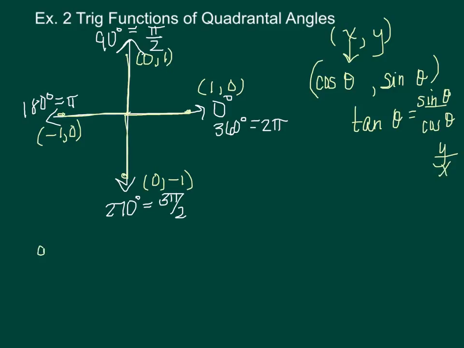So if they ask you to find tangent theta, remember tangent is the y over the x, because at pi, the coordinate is negative 1, 0. You would divide the y over the x, which is 0.